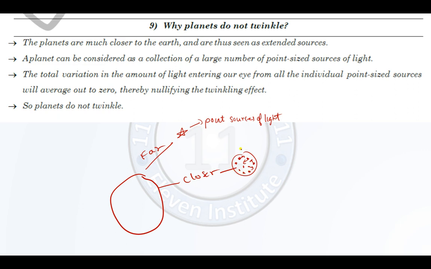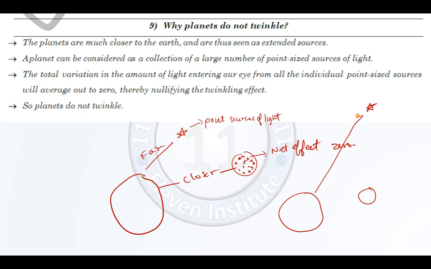But overall, when I see that, the net effect over here will be zero because all of them twinkle in different directions. So the net effect will be zero. Fine. So see the size of planets and stars, they are both big. But the reason is that suppose here is the earth and here is a star, but the planet is over here.